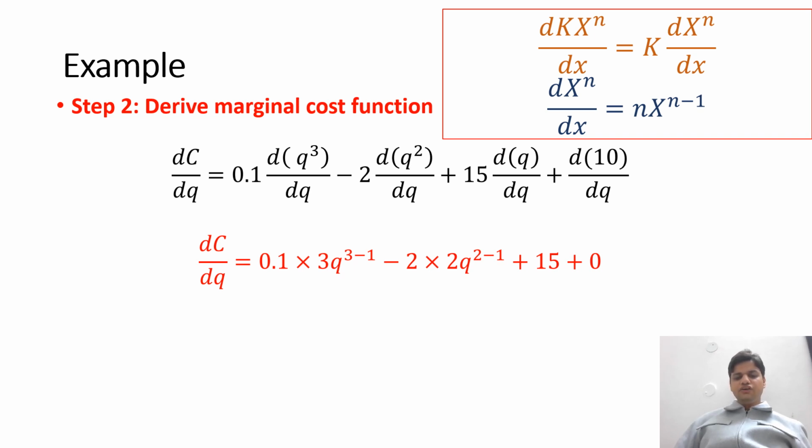So we write 3 q to the power 3 minus 1, minus 2 into q square is differentiated as 2 times q to the power 2 minus 1, plus dq by dq, 15 times dq by dq is there, so that is canceling out. And the differentiation of 10, any constant, for that matter any number you take, how big or small, is always 0.